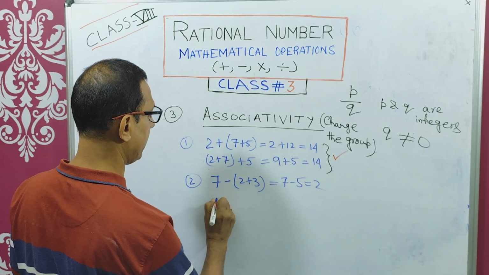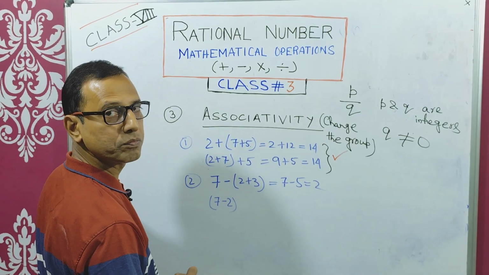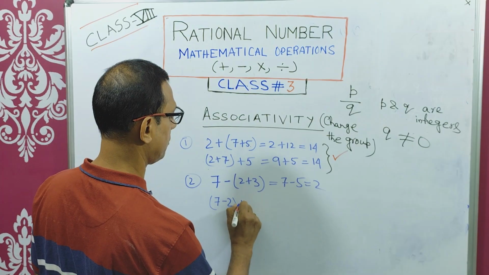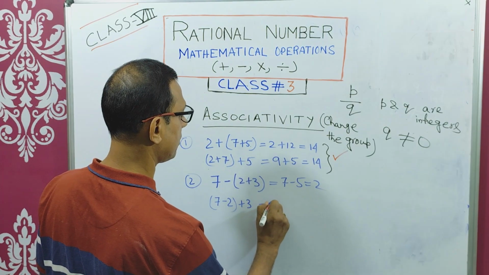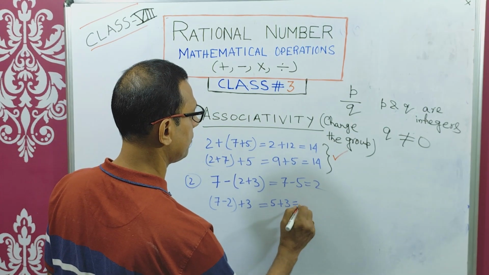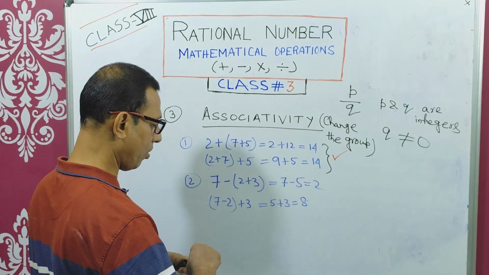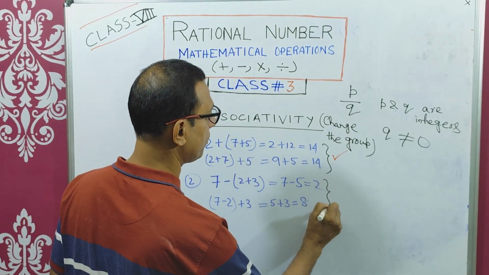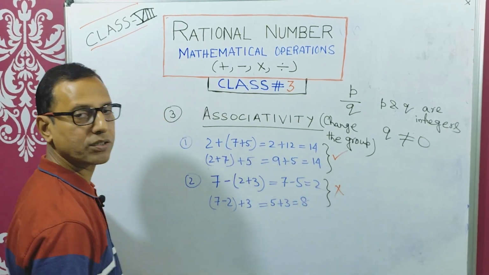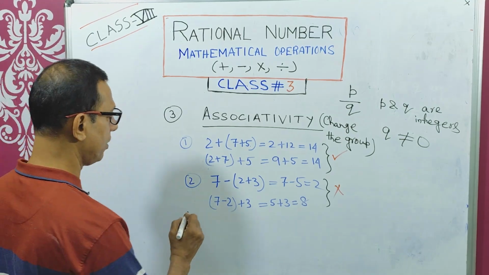But if I say like this, 7 minus 2, then 5 plus 3 equals 8. That means it does not support associativity. So if you change the group, then it does not support. Subtraction does not support commutativity. Subtraction does not support associativity.